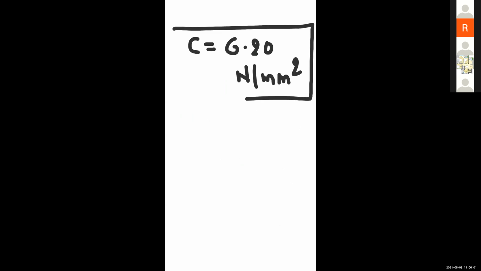Or we can write here C is equivalent to 6.20 Newton per mm square. Right? Means in the compression zone, the stress acting on concrete is equivalent to 6.20.